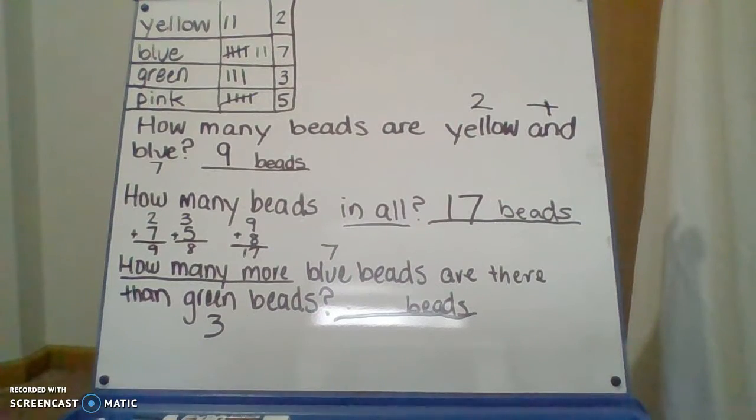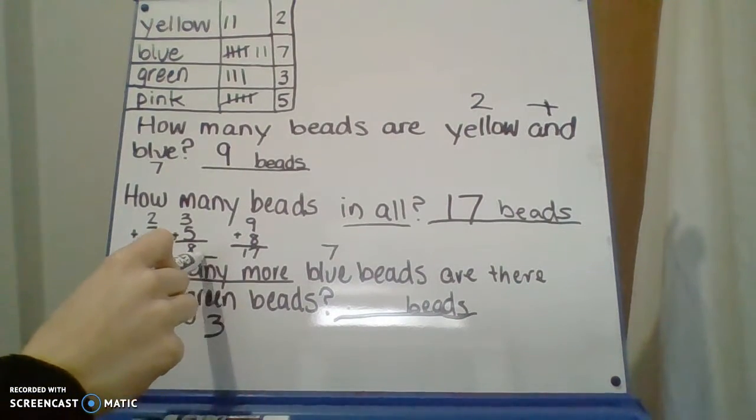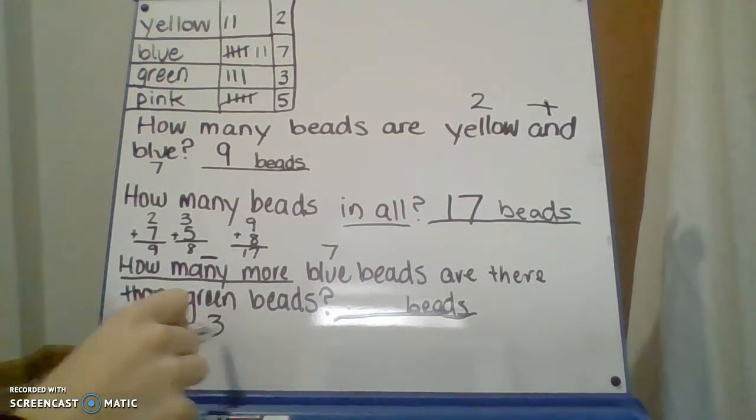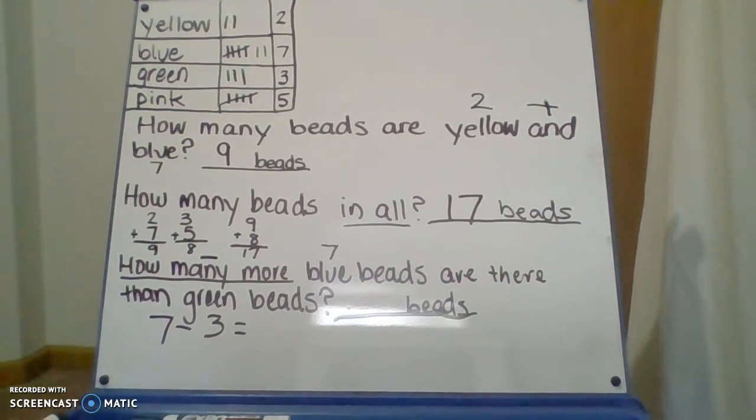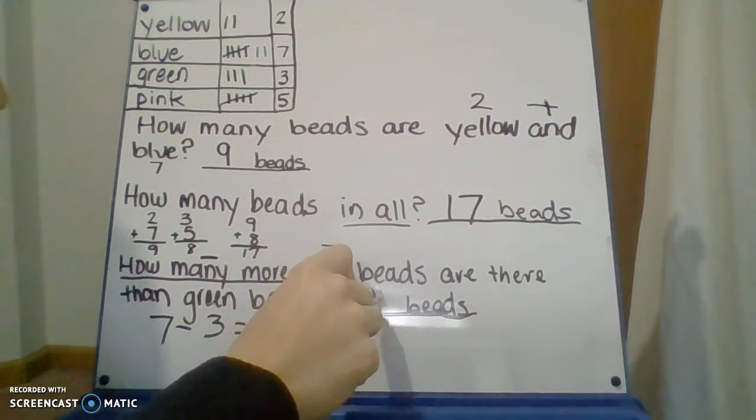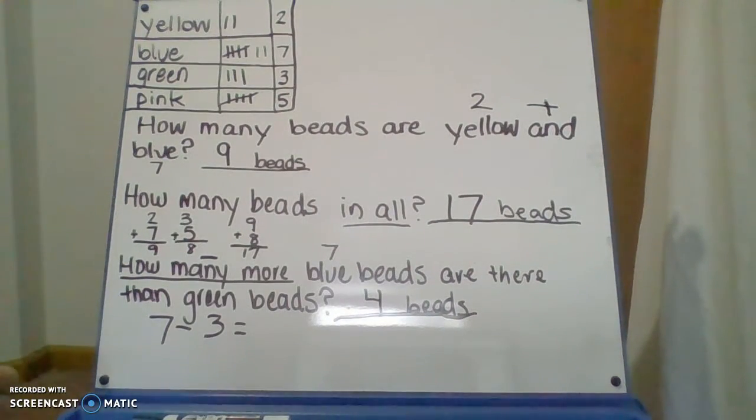How many more is going to tell you to find the difference. If you're finding the difference, you are going to subtract. So it's going to be 7 minus 3. What is 7 minus 3? 4. So the blue beads have 4 more beads than the green beads.